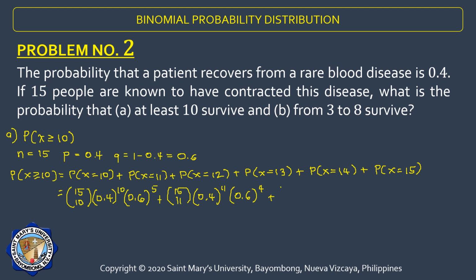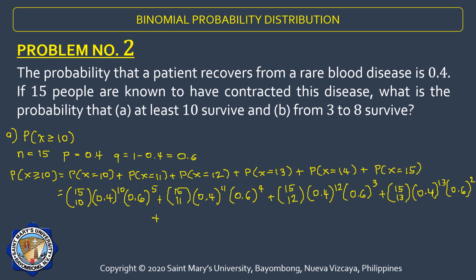Plus, if x equals 12, 15 taken 12 times 0.4 raised to 12 times 0.6 raised to 15 minus 12, 3. X equals 13, so 15 taken 13 times 0.4 raised to 13 times 0.6 raised to 15 minus 13, 2.